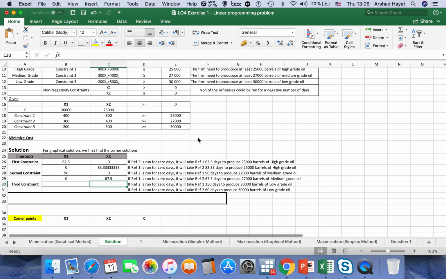And now let's do the same thing for the third constraint. So let's say refinery 2 is run for 0 days, and refinery 1 would be able to produce the required amount of low grade of 30,000 in 30,000 divided by 200 days.